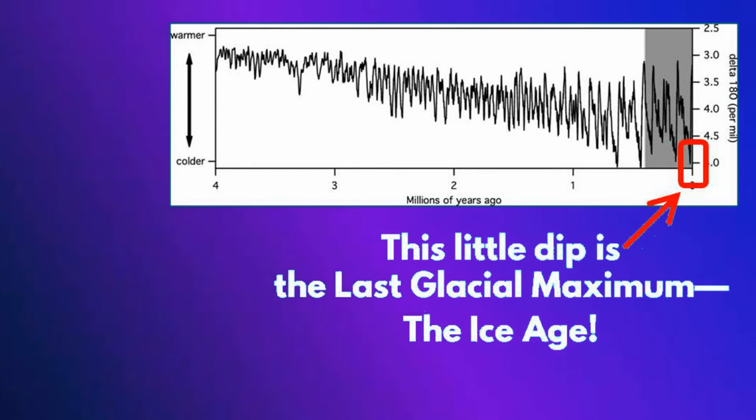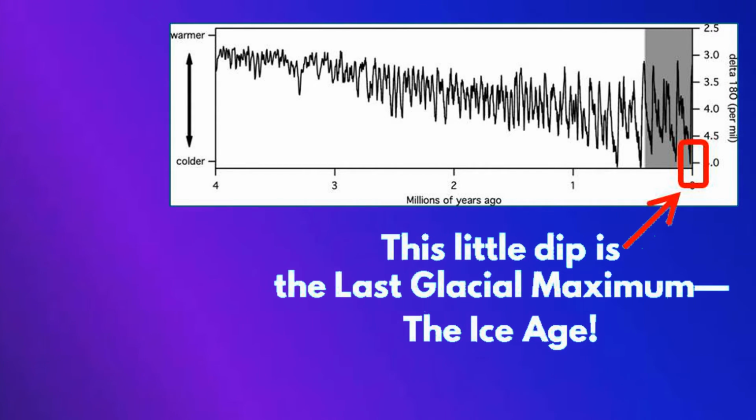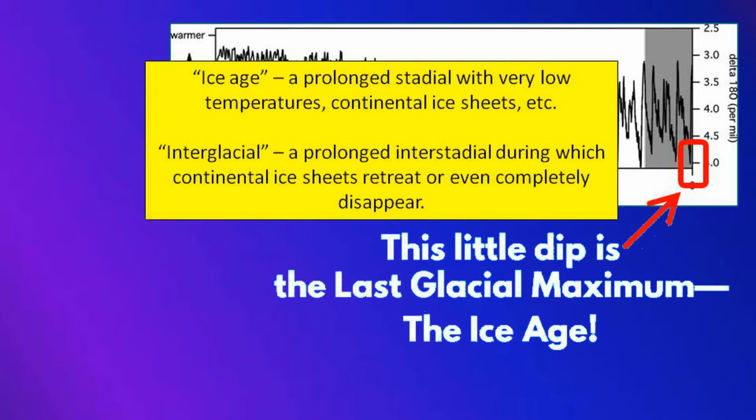But scientists have documented literally hundreds of ice ages, each maybe on the order of a few 100,000 years long, over Earth's history. Wow, ice ages just keep happening. Just to use this term right here, an ice age is a prolonged stadial, typically on the order of a few tens of thousands of years to maybe a few 100,000 years long. It's going to have things like very low temperatures, big thick ice sheets, and so on.